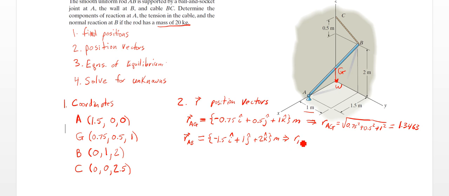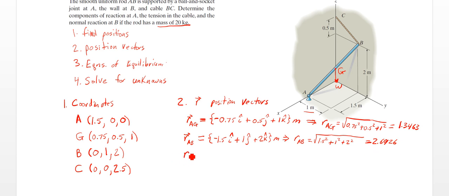So the magnitude of that vector, the square root of 1.5 squared plus 1 squared plus 2 squared equals 2.6926.